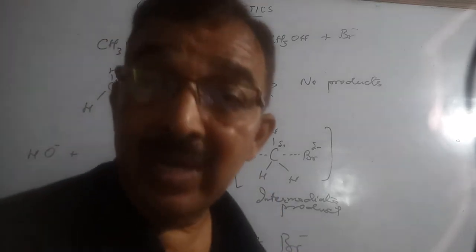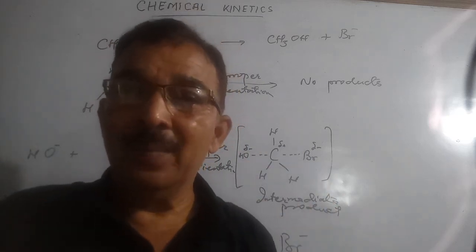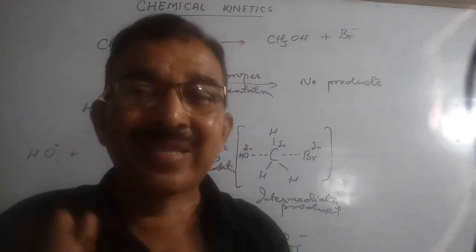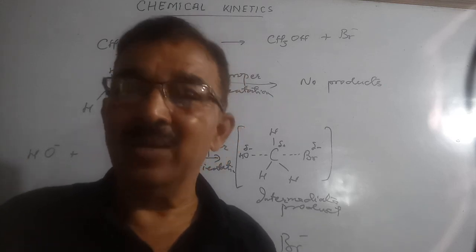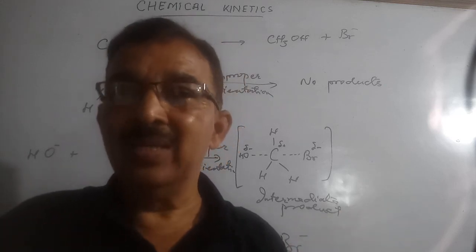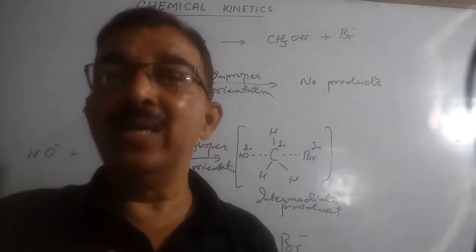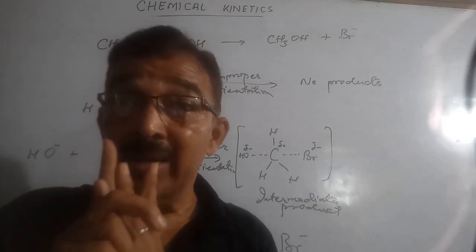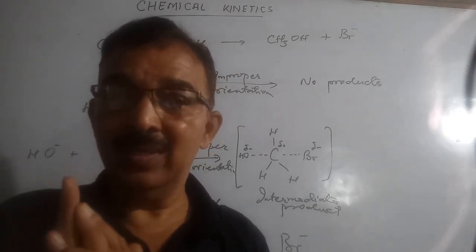Even if the reacting molecules' orientation is proper, but they don't have threshold energy, then the chemical reaction will not take place. So of these two barriers, the energy barrier and the orientation barrier, the energy barrier is very important.